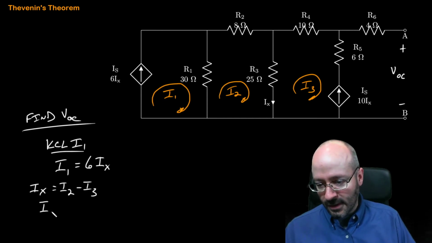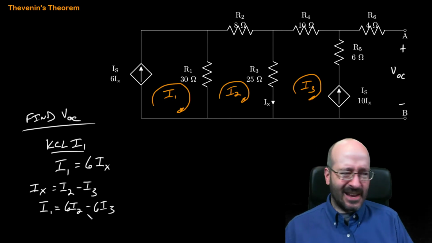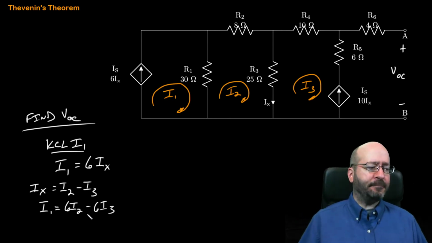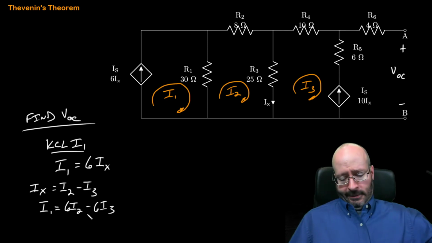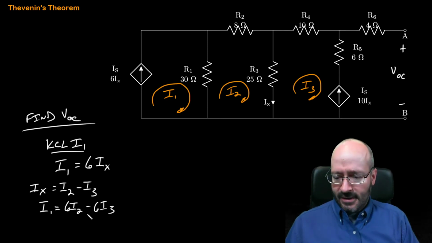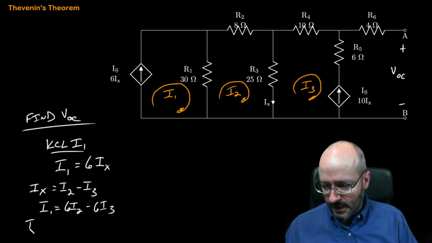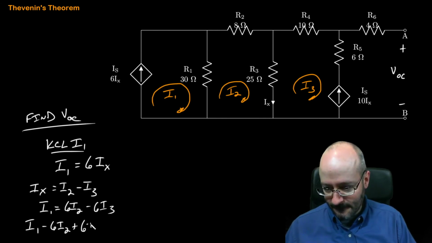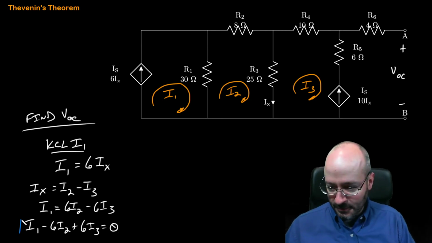I'm going to rewrite this equation: I1 equals 6I2 minus 6I3. Then I get them all over on one side so I can get it ready for the matrix: I1 minus 6I2 plus 6I3 equals 0. And there's my first equation.